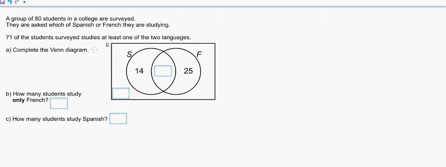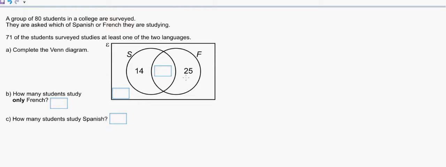Okay, now in this box, this is all our people, all our things, whatever it is, it's the totality of what we're dealing with. Okay, now we have the Spanish circle and the French circle.